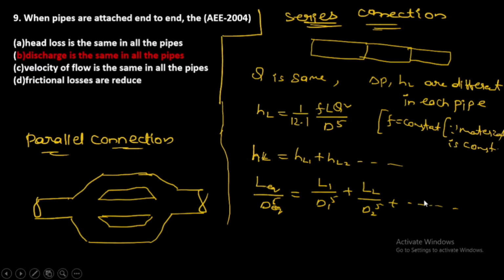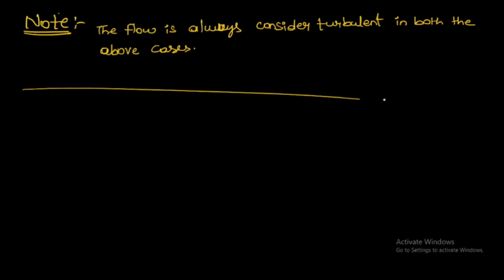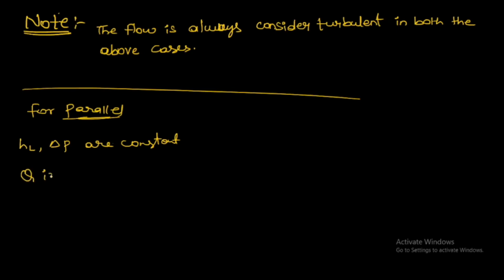And for parallel connection, we have head loss and pressure constant, whereas Q, the discharge, is different in different pipes.